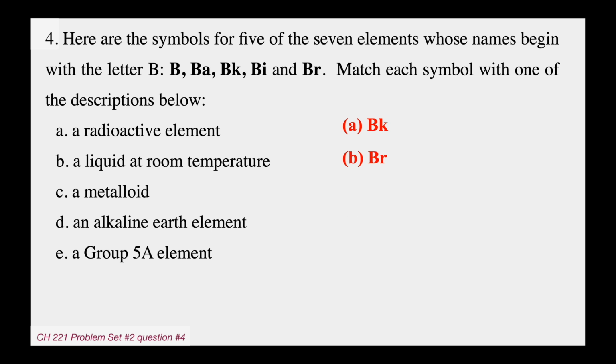C, a metalloid. A metalloid is one of the elements that is kind of on both sides of the metal line and the non-metal line. It could be a non-metal and it could be a metal. It's hard to say. Metalloids sometimes behave like metals. They'll give up electrons, be positive, stuff like that. Sometimes, though, they act like non-metals and they'll make covalent bonds with other non-metals. It's a really interesting kind of thing.